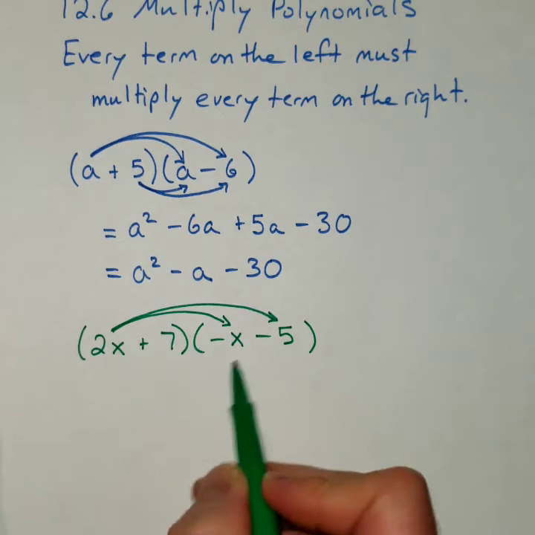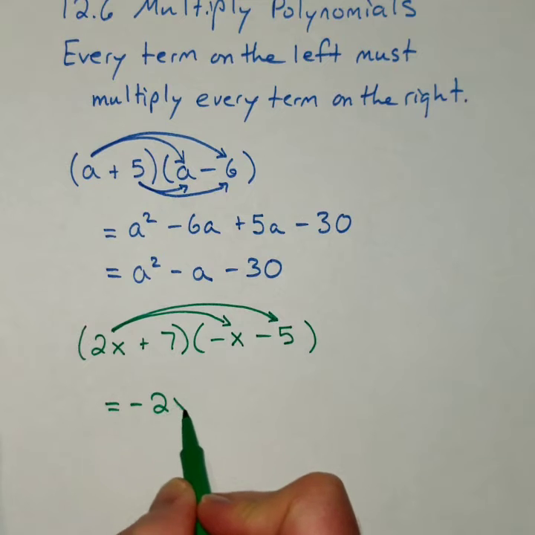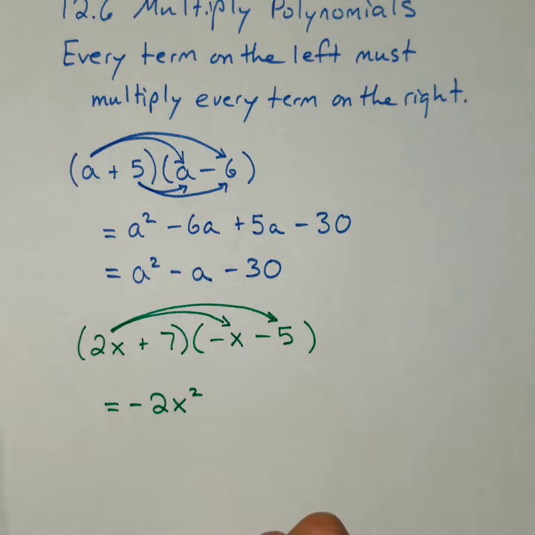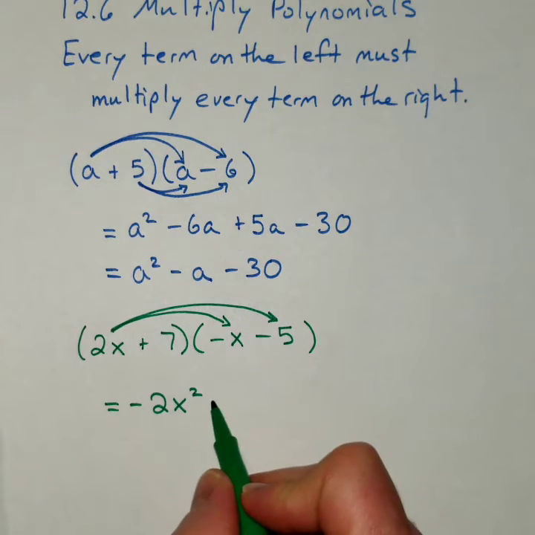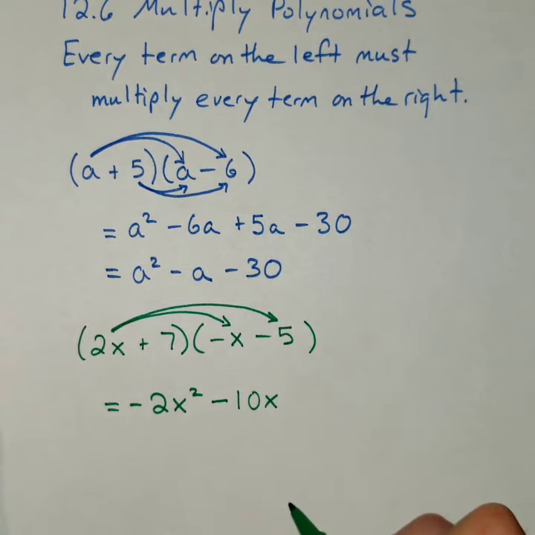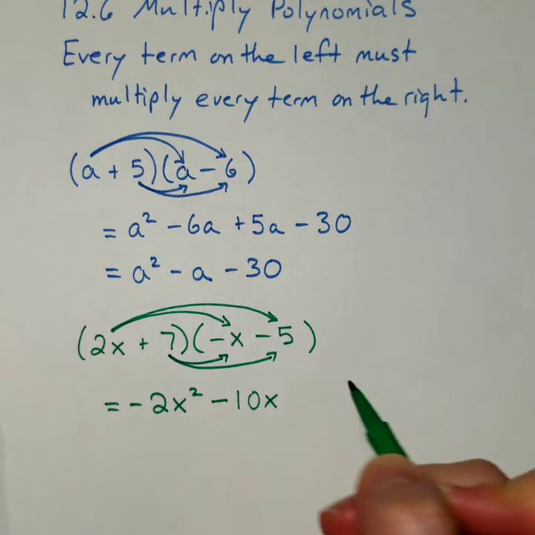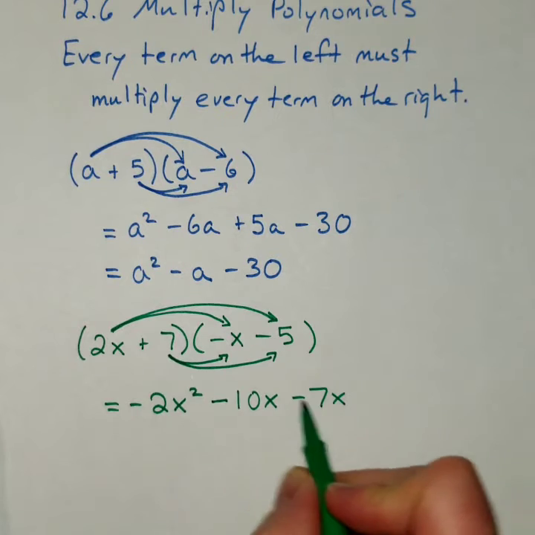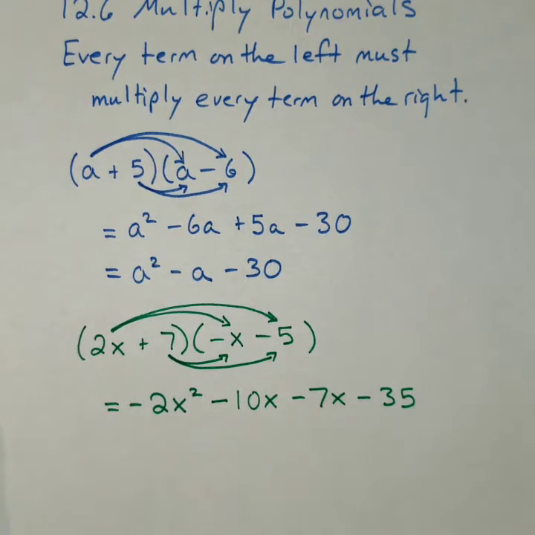So 2x times negative x is negative 2x squared. Remember, with an x times an x, you add the powers to get x squared. Then 2x times negative 5 is a negative 10x. Then I need to multiply the 7 to both terms on the right. 7 times negative x is negative 7x, and 7 times negative 5 is negative 35.